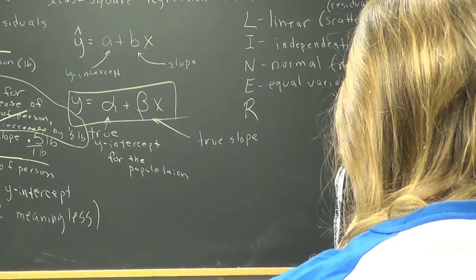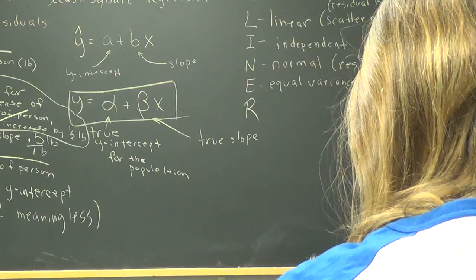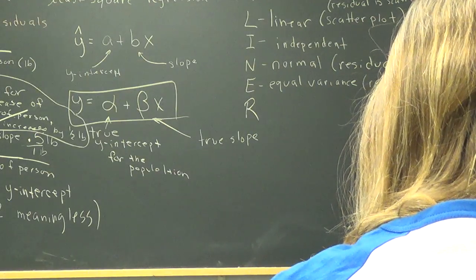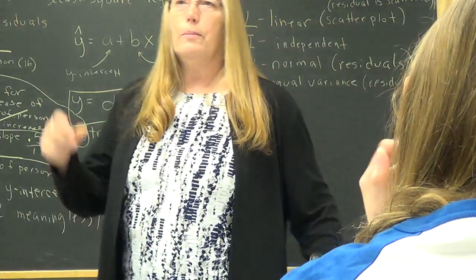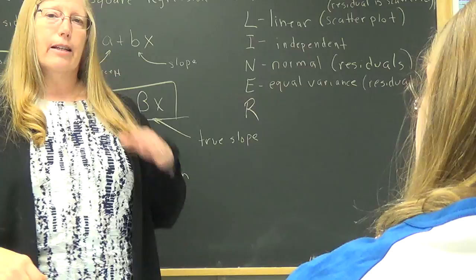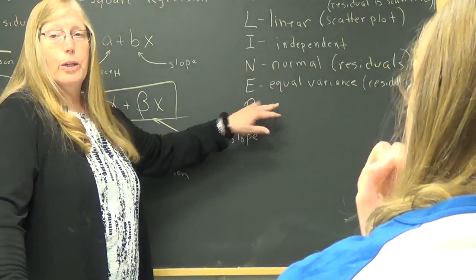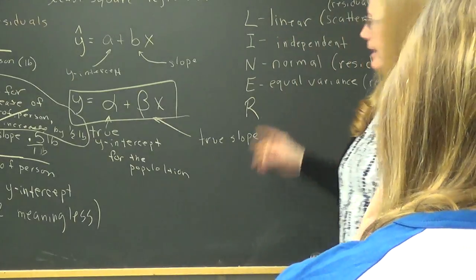Equal variance is also looking at the residual plot. And for each X, you want the dots to be the same distance above as below the zero line. Until I do one, that's not going to make a lot of sense. So it's not too bad to check that.